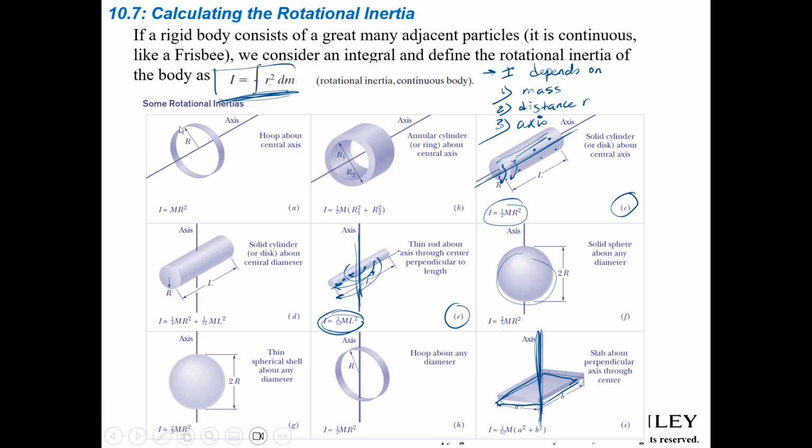So for, let's say, a hoop about the central axis, the rotational inertia is m r squared. For a cylinder, the rotational inertia is given here. For a rod rotating around an axis passing through its own axis, the rotational inertia is half m r squared. And for a rod that is rotating around an axis perpendicular to its own axis, the rotational inertia is 1 over 12 m l squared.